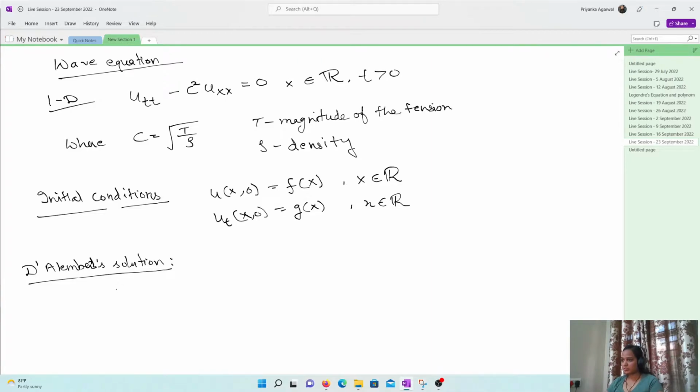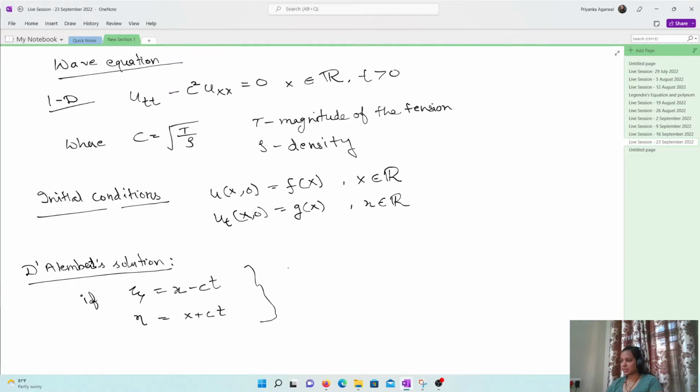Here we do the transformation of variables. The transformation has already been taught in the previous sessions, so I'll directly go through it, where xi can be written as x minus ct and eta can be written as x plus ct.